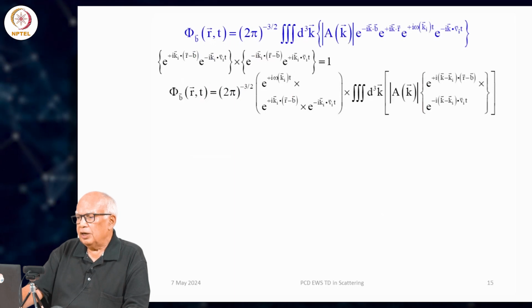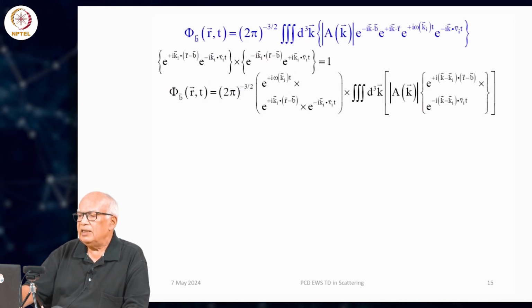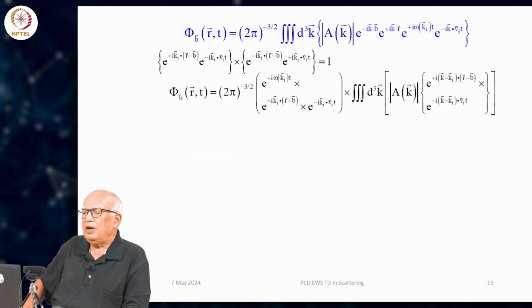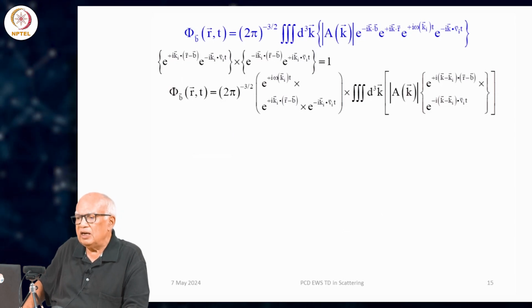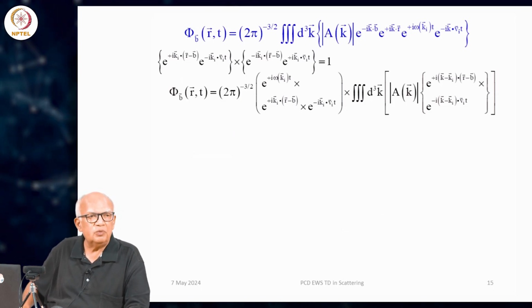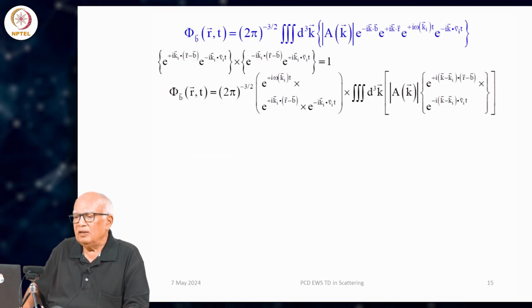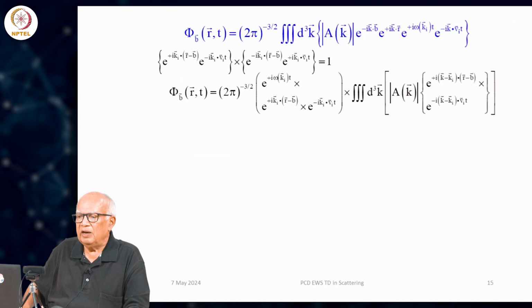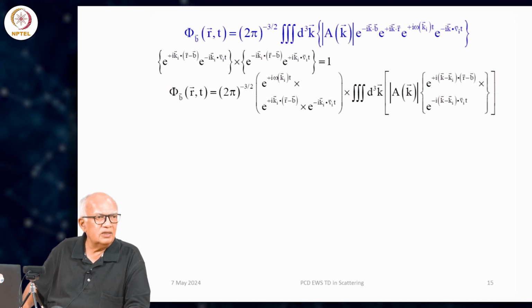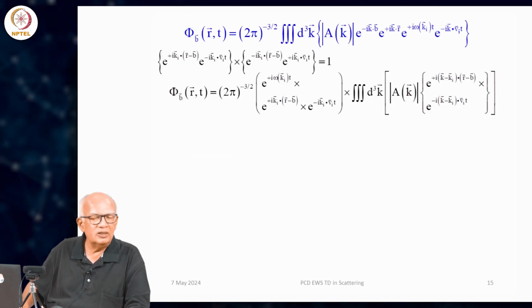Here you can see that this is a very simple manipulation of the terms, but it makes our analysis very easy. You can always multiply by 1, which is multiplying by a phase factor divided by the same, and so on.